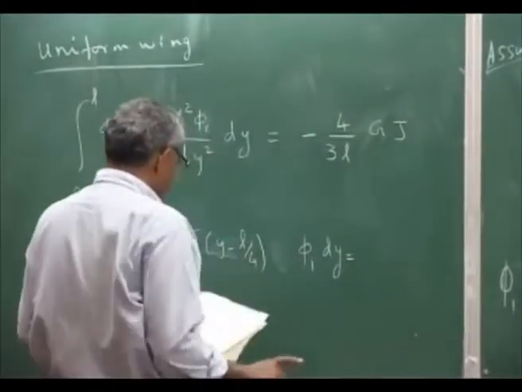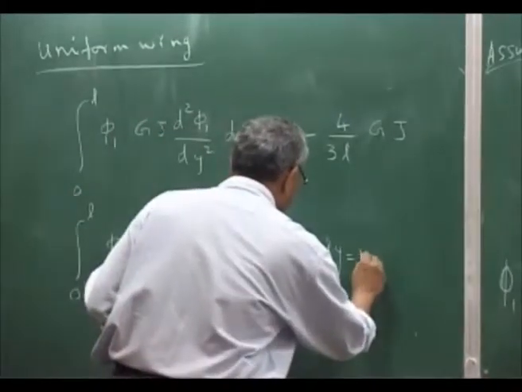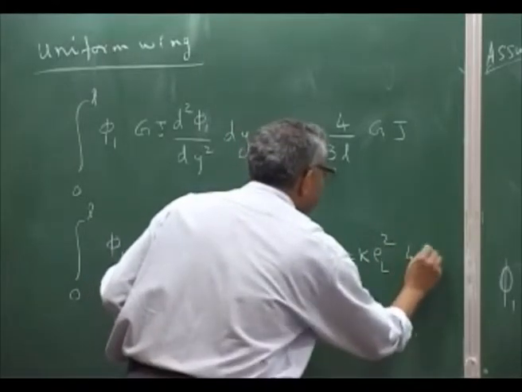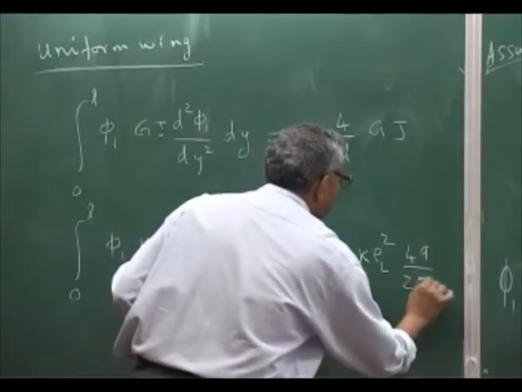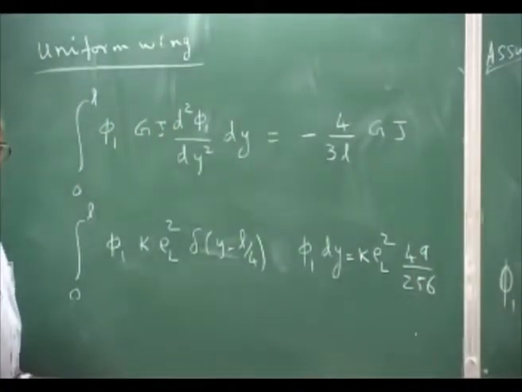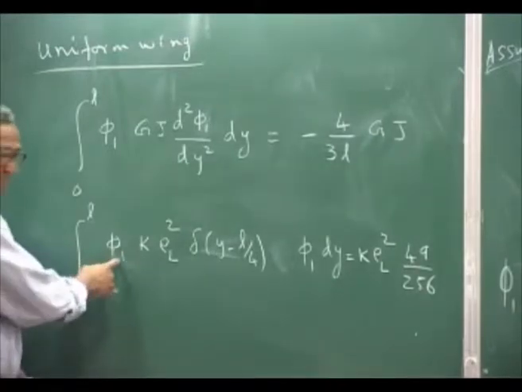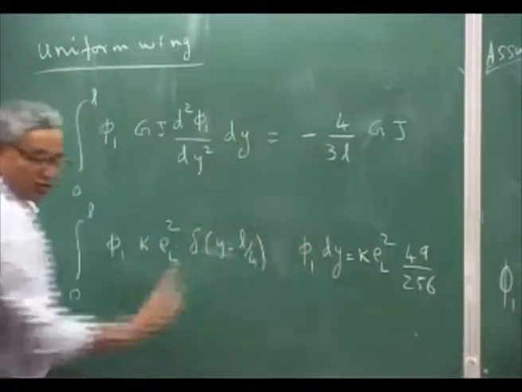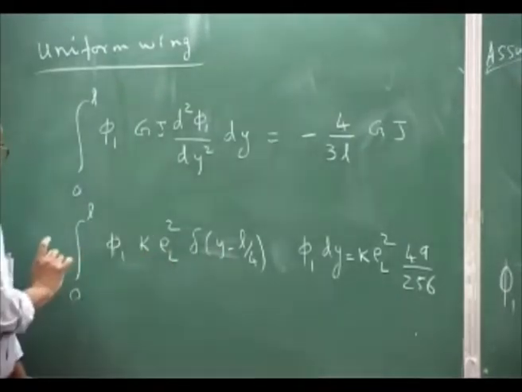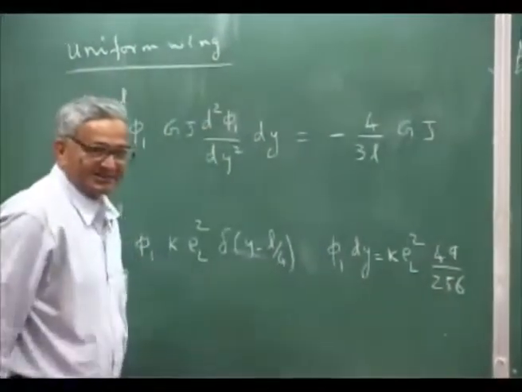Okay. So I will get here phi1 square at L by 4, that will become K el square. This will be 49 over 256. You can evaluate this integral. Okay, that means phi1 square at L over 4. So you will get K el square 49 by 256.